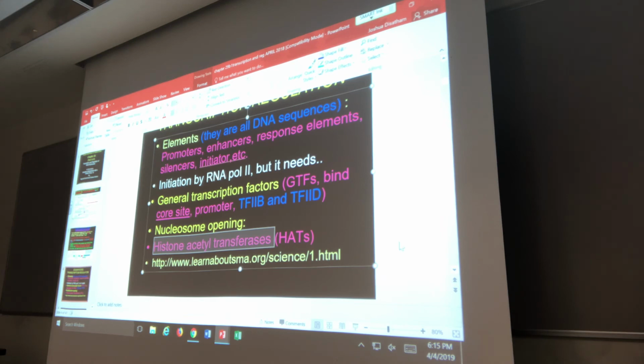A long time ago I said that acetyl groups do what to gene expression? They increase it. Acetyl groups increase transcription. You can bet, although it's not listed here, that there are methyltransferases whose job is to attach methyl groups, thus inhibiting transcription of whatever genes they happen to methylate.